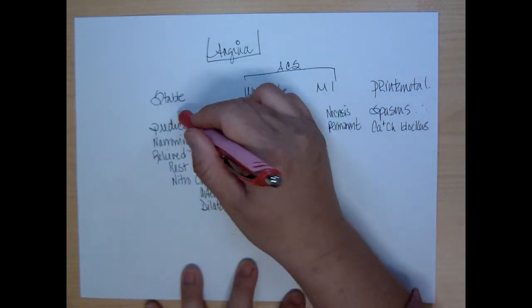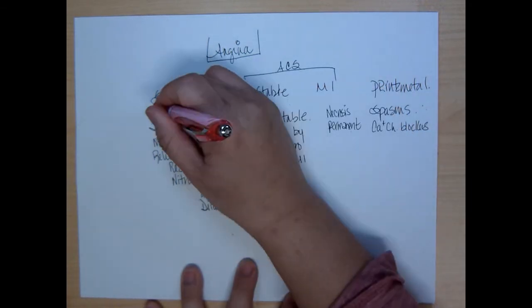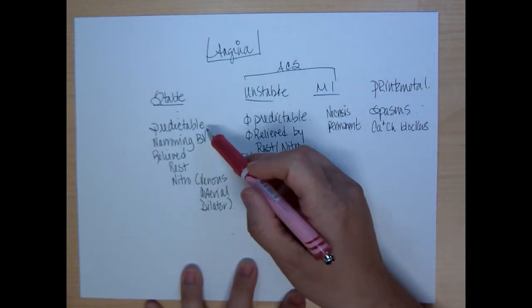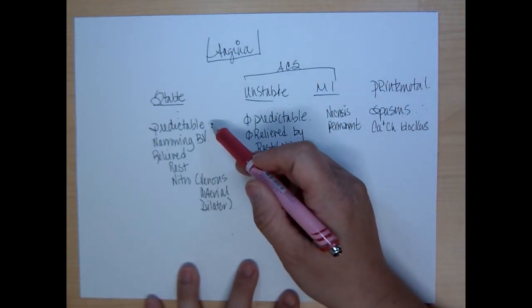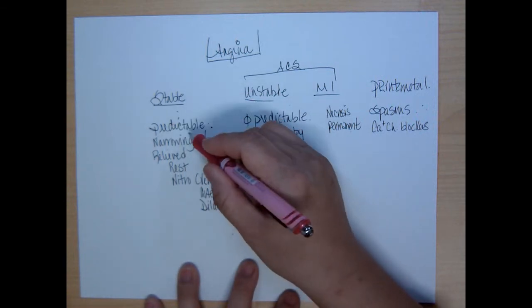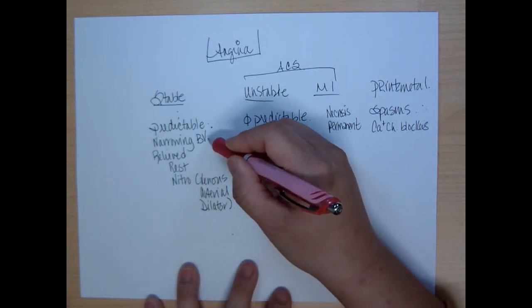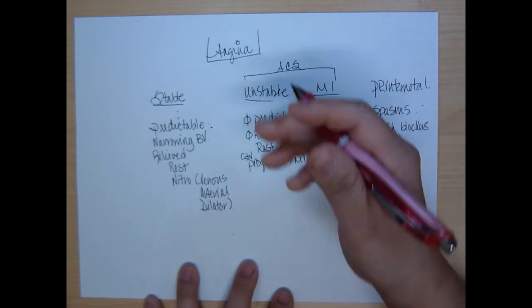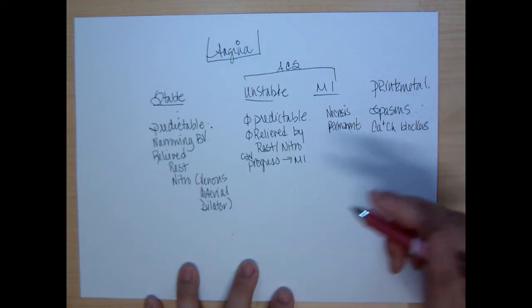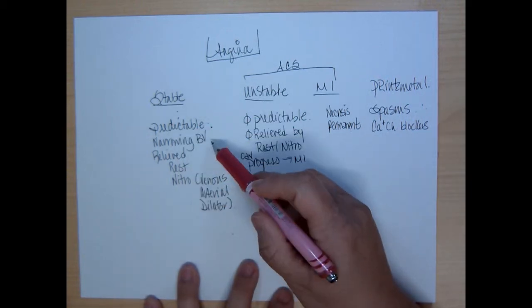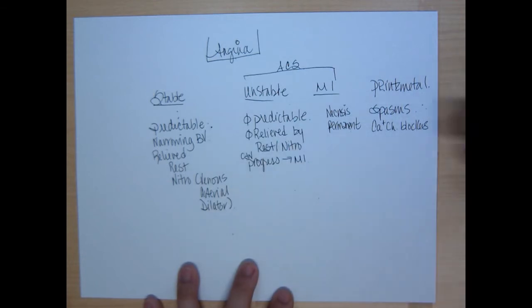Between stable and unstable: stable is predictable, pretty much around the same time every day. There's a narrowing of the blood vessels. By the fact that you're having angina, which is also known as chest pain due to decreased perfusion, there's some narrowing of the blood vessels, because you need something to cause angina.